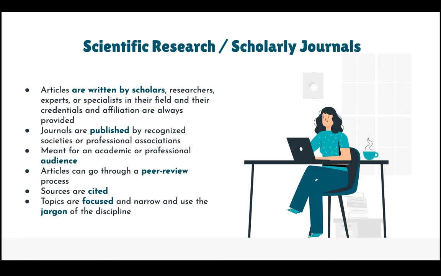Their sources are cited, and the topics that you'll find in these types of articles are very focused and in-depth, and they use a lot of jargon of the discipline. And they can also go through what's called a peer-reviewed process where research is double-checked, citations are double-checked, how they perform their experiment, if they're doing some sort of experiment.